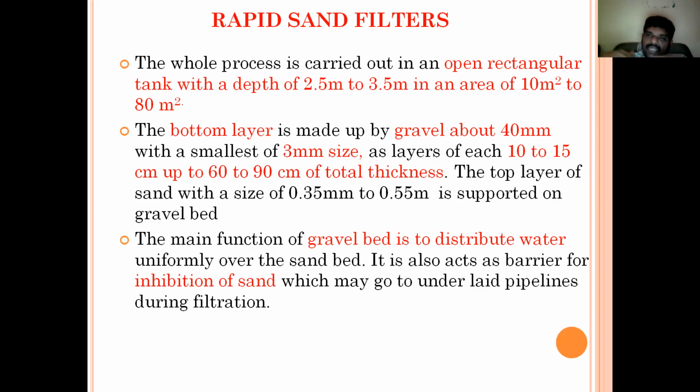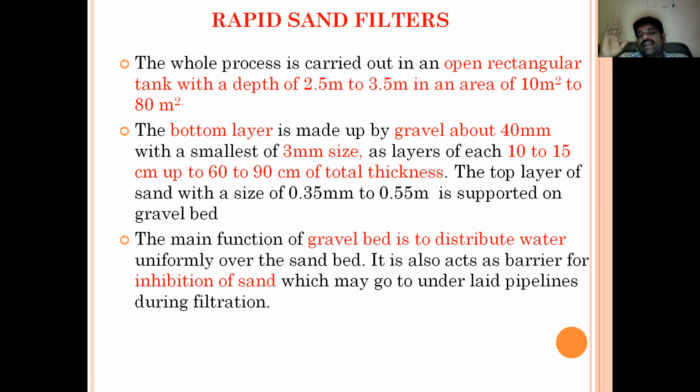This gravel structure has individual layers with a total thickness of 60 to 90 centimeters, each layer 10 to 15 centimeters. On top is the sand bed, with granule size 0.35 mm to 0.5 mm, which rests on the gravel bed.